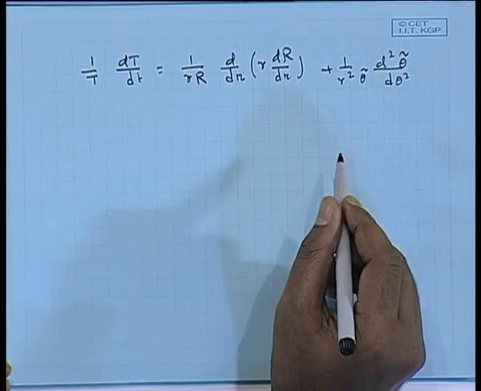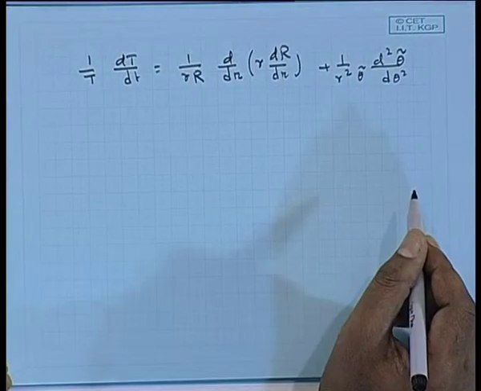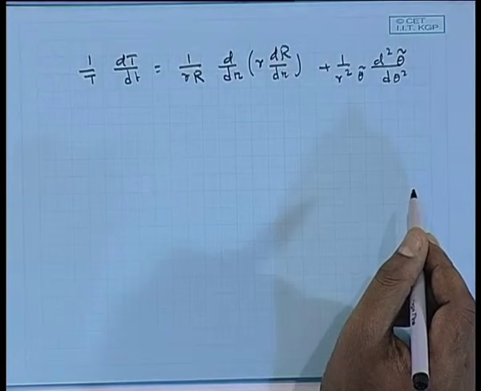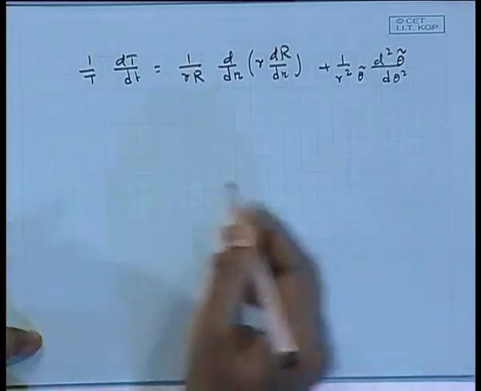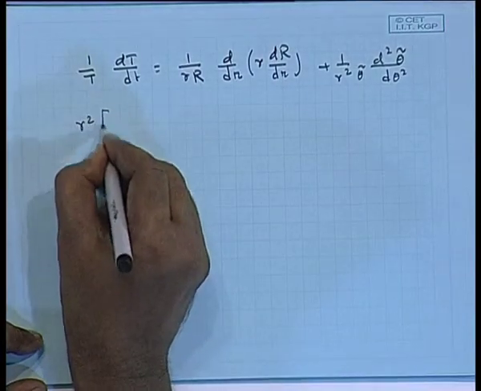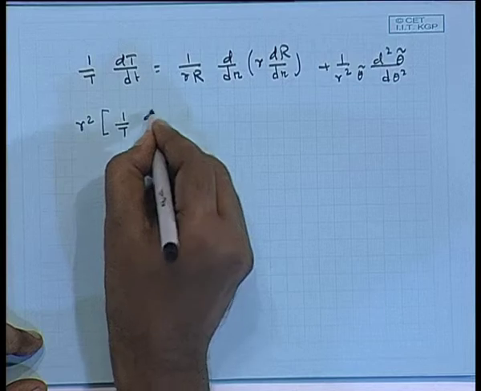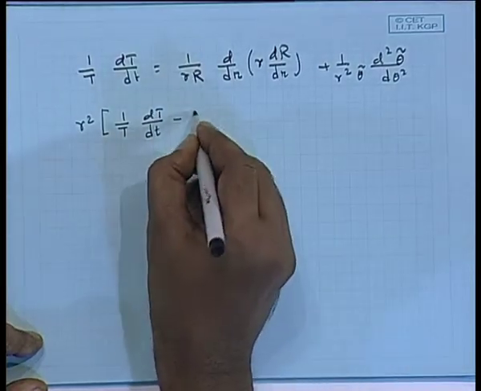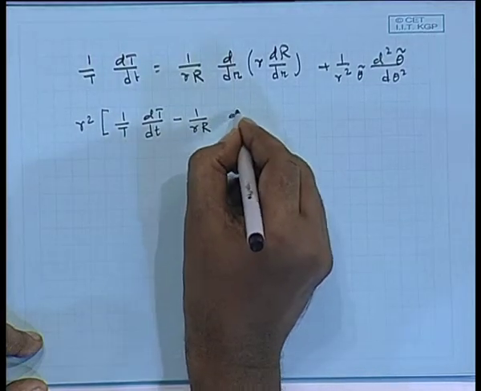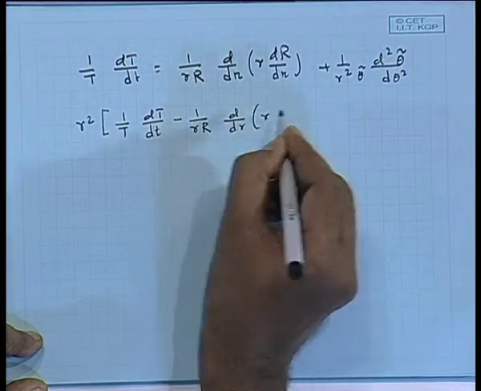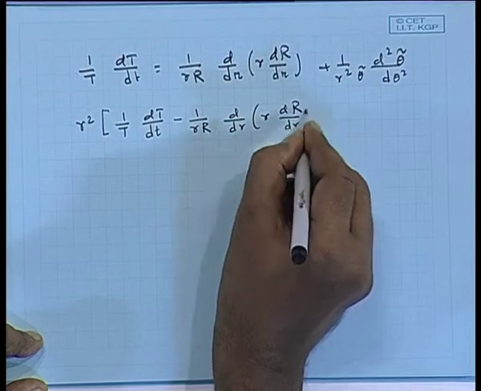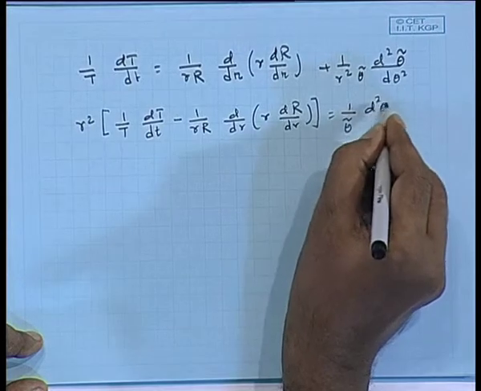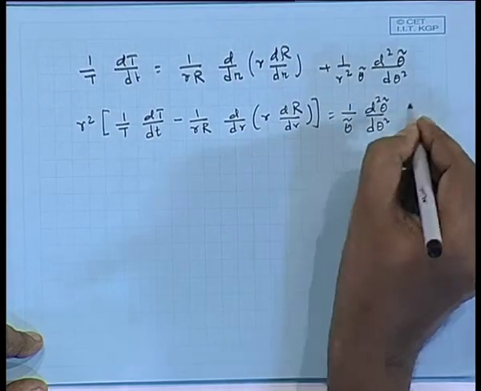Now, since our boundary conditions in the theta direction are homogeneous, we propose a standard eigenvalue problem in the theta direction. If you do so and collect all the other terms on the left hand side, it will come out something like this: (1/T) dT/dt − (1/R)(1/r) d/dr (r dR/dr) = (1/r²)(1/Θ) d²Θ/dθ².